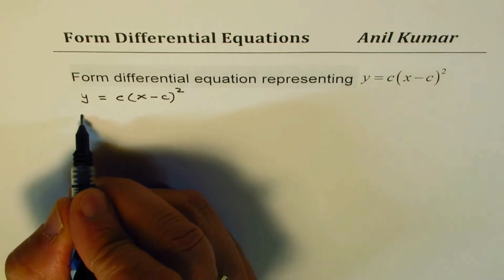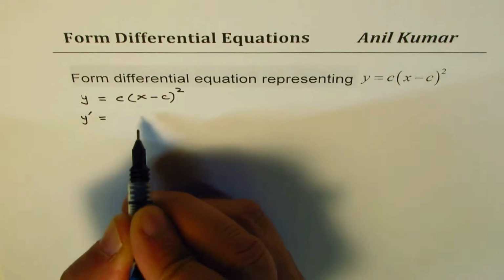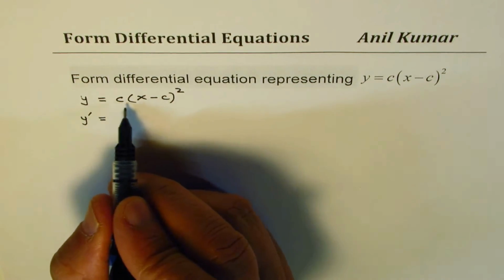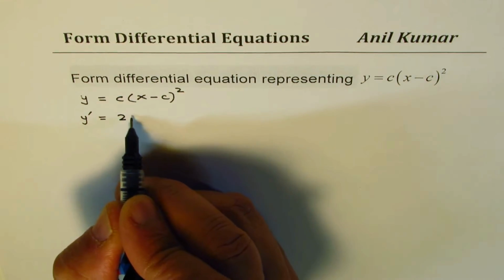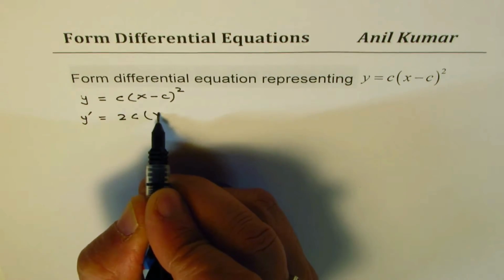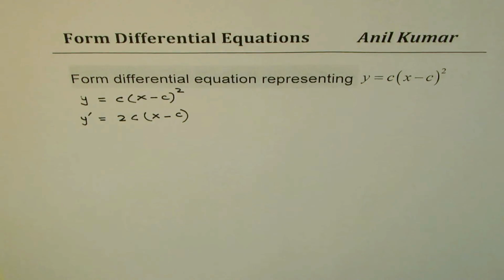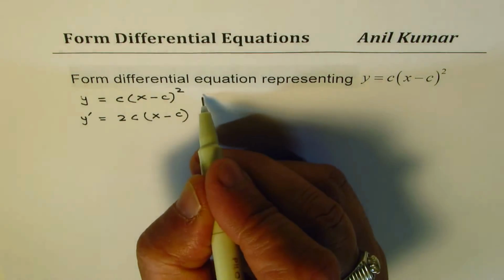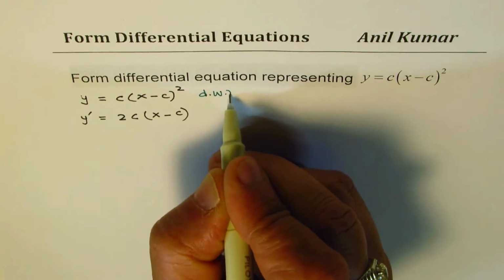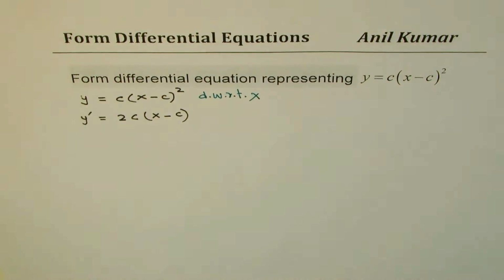When you differentiate, you get y prime equals 2c times (x minus c). This is what you get once you differentiate with respect to the independent variable x.